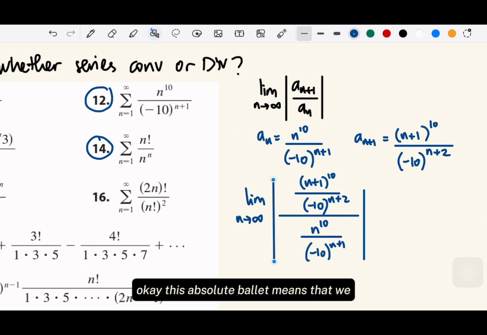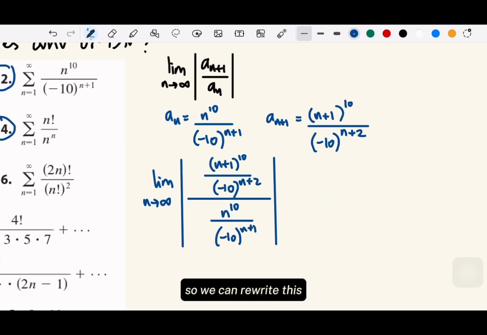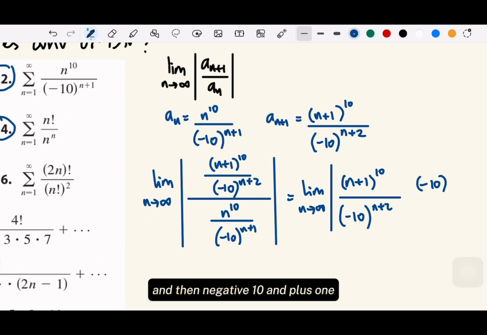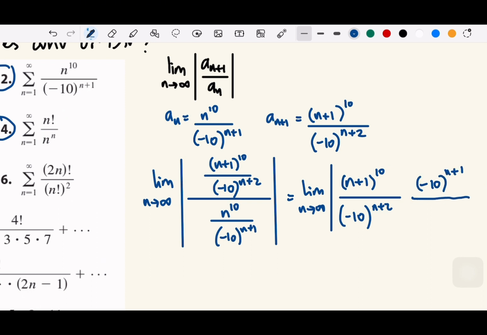This absolute value means that we are only caring about the ratio. So we can rewrite this.